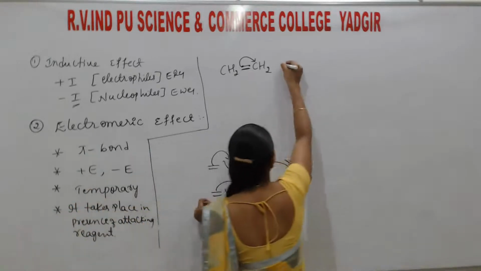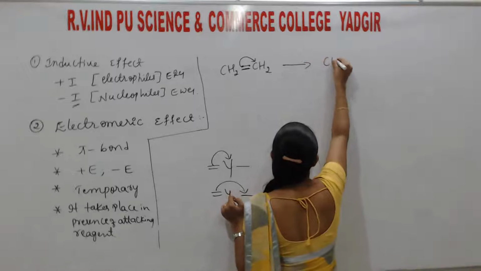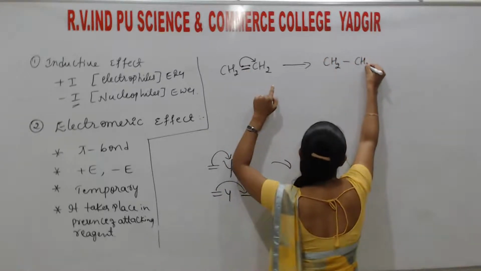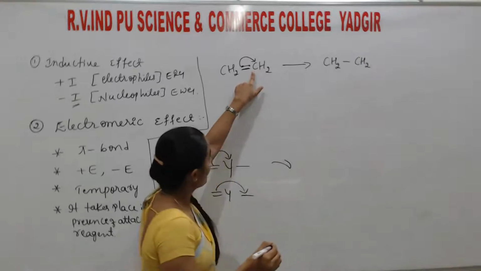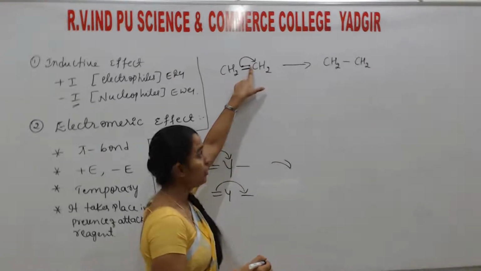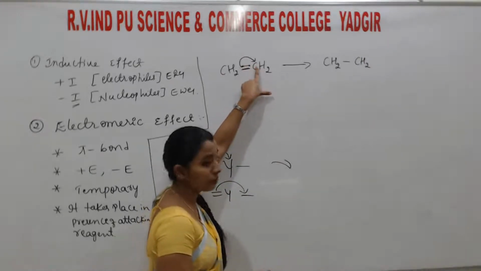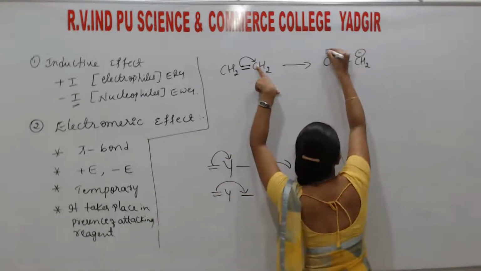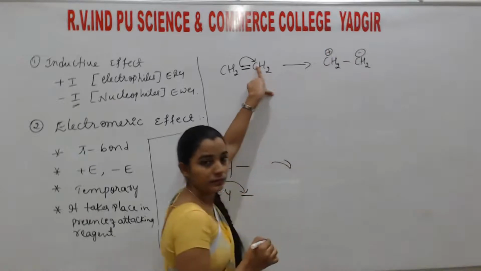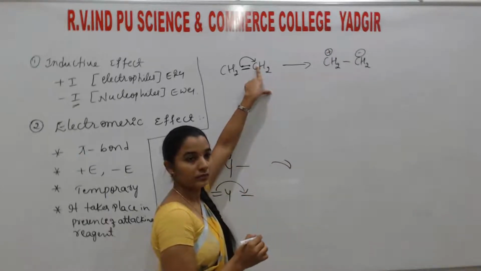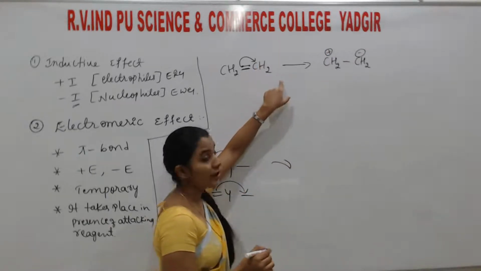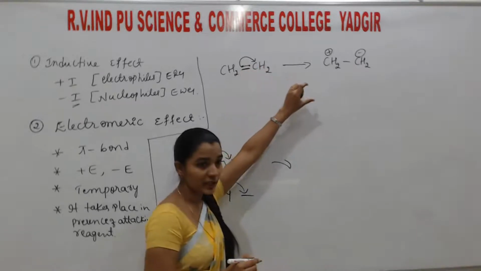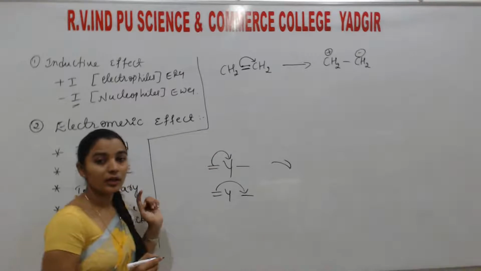So then what happens here? When the bond completely shifts, this CH2 becomes CH2. Listen, this carbon atom already has its electron and this electron also shifts towards this carbon, so this will get the minus charge and this will get the plus charge. Okay, this is the mechanism, or the electron displacement, that takes place in the electromeric effect.